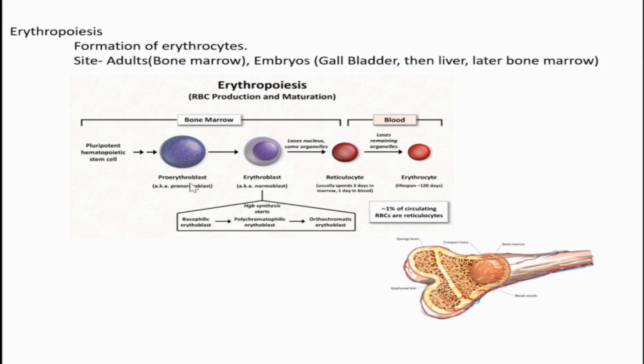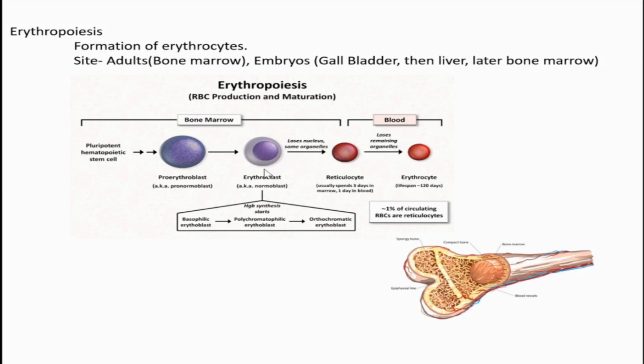It's called proerythroblast, and then it becomes an erythroblast cell, and at that erythroblast stage it has the nucleus. Then it changes to a reticulocyte stage. For converting from erythroblast to reticulocyte, it needs to lose its nucleus and some organelles, and to start the synthesis of hemoglobin.